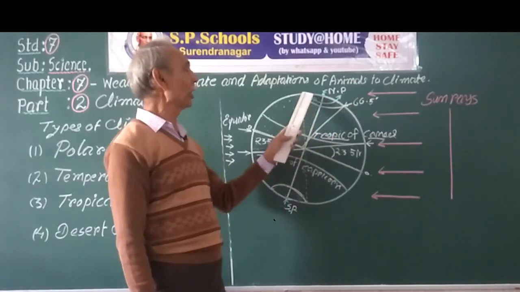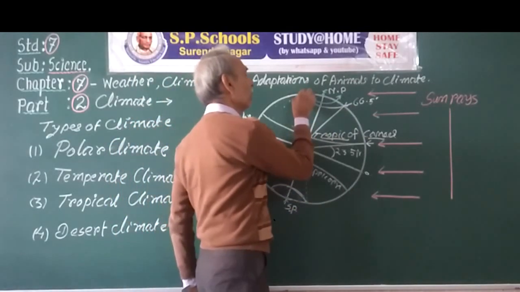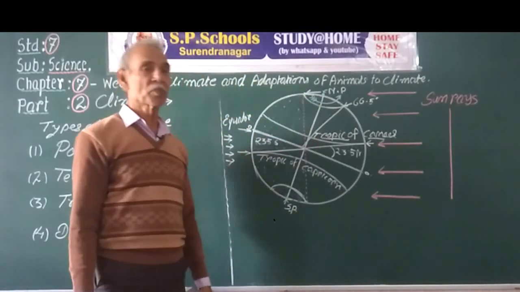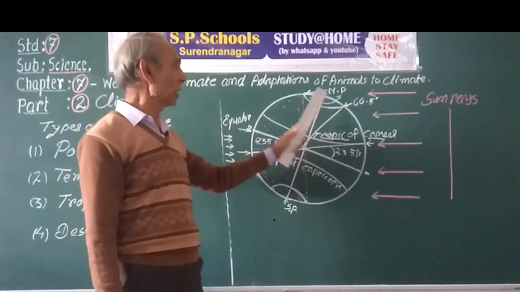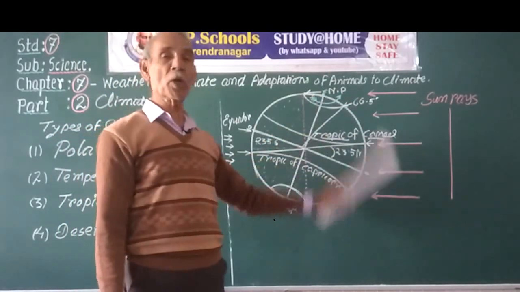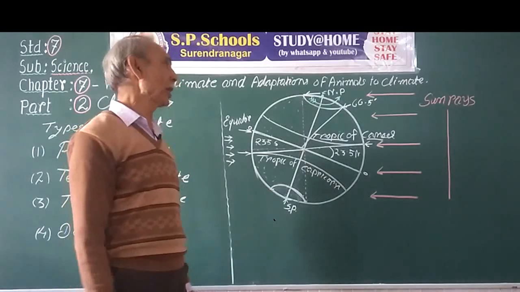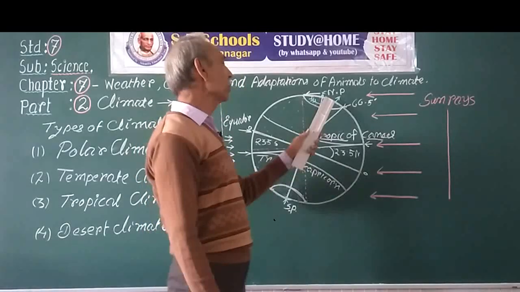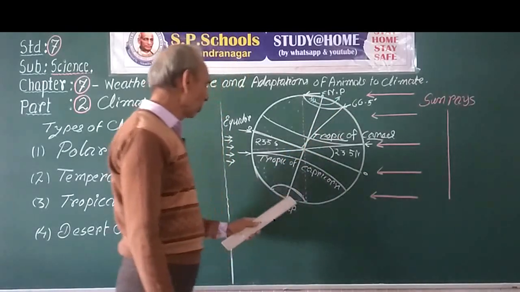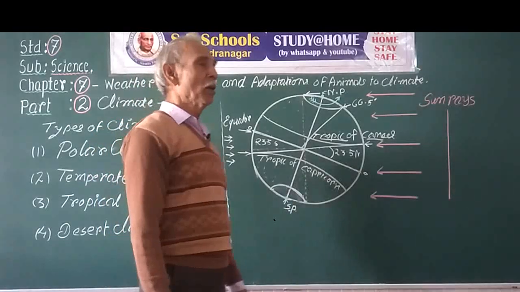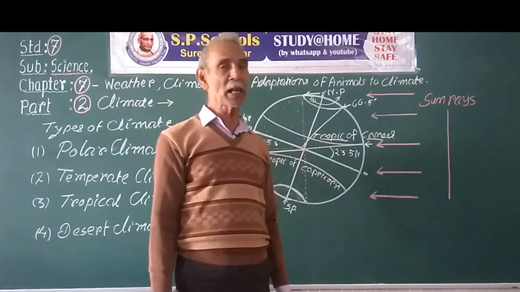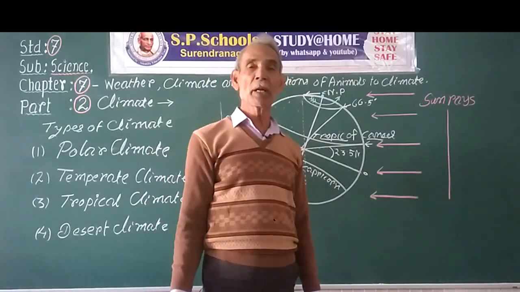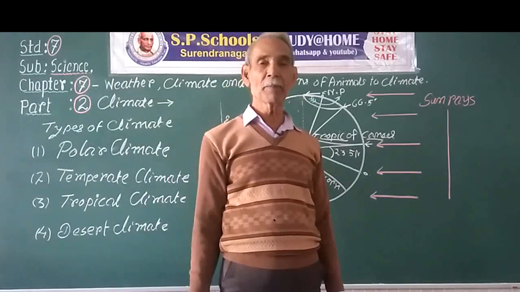This region experiences sun rays when the axis is tilted toward the sun, for all 24 hours of the day. But they are very slanting. So this is the polar region, in the North Pole and South Pole, where for the whole year the sun rays are very slanting. The sun doesn't rise high up the horizon, so there is severe cold and ice everywhere.